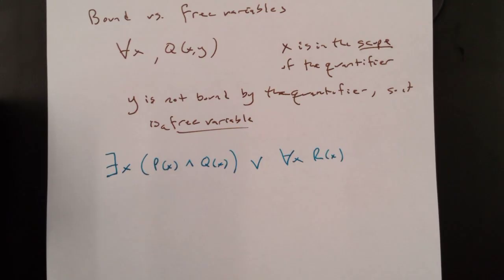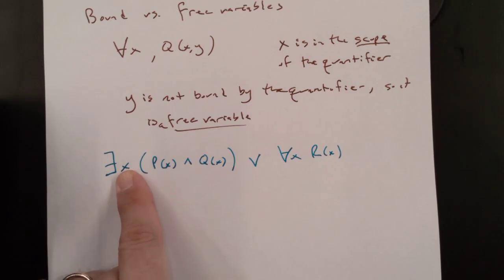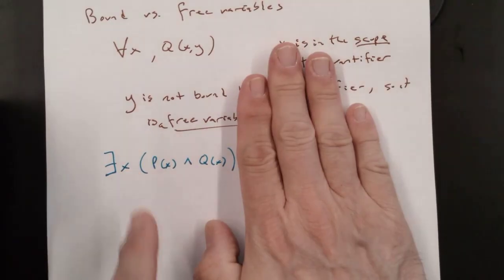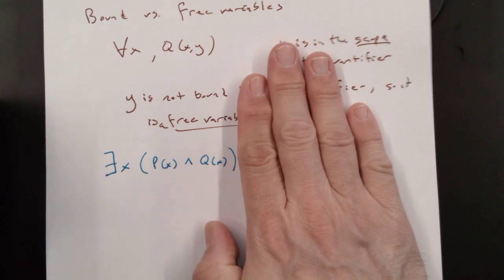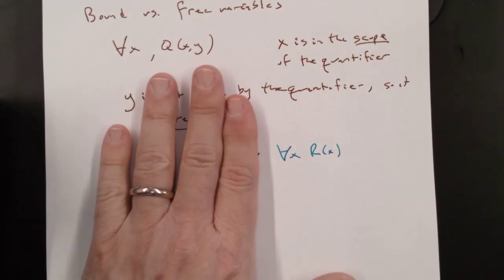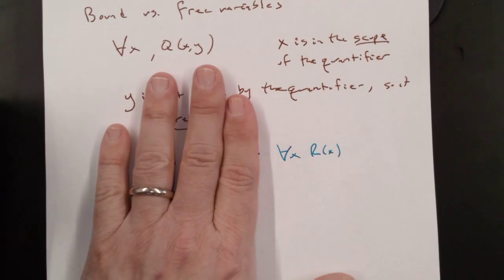Or for every X, R of X is true. The X I'm using over here, this quantifier, its scope is only those two pieces. The variable X is bound to this quantifier and used here. This X is bound to this quantifier.